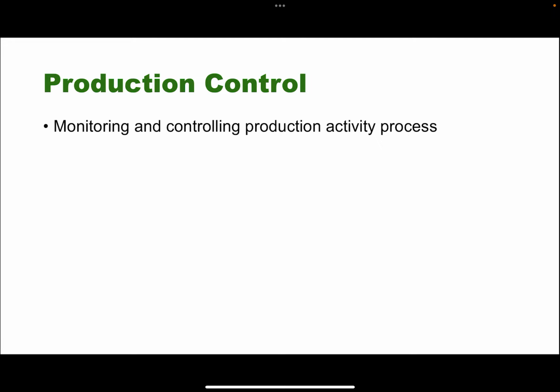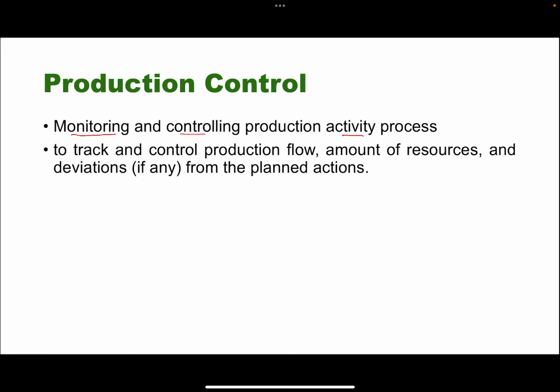So production control is mainly dealing with monitoring and controlling the production activity process. That means to track and control the production flow and to control the amount of resources and the deviations. If there are any deviations, you need to take actions to redress that, to correct that, to remedy that.